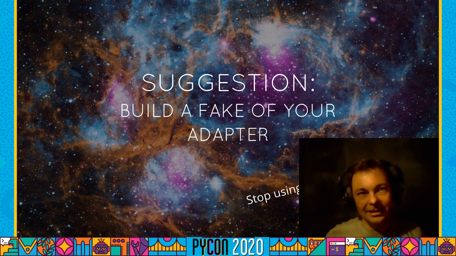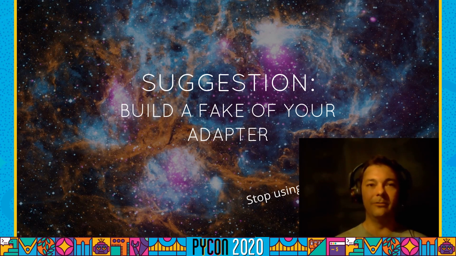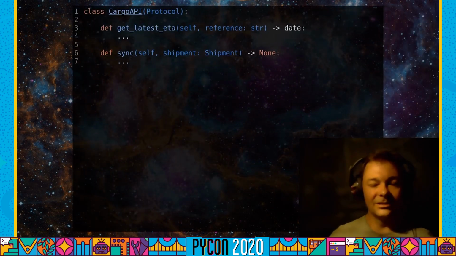A fake is a different kind of test double. It's a different kind of fake thing that you're swapping out a real dependency for a fake dependency. But instead of asking it questions later, it's going to build a simplified but functional version of the real thing that you're replacing. Let's see it in real life, and I think this will all make a bit more sense.